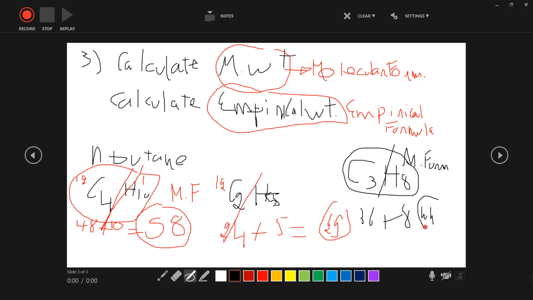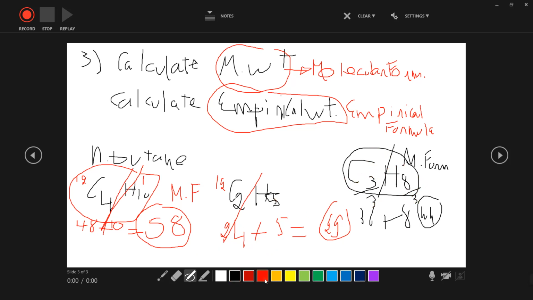If he's telling me to calculate the empirical weight, I should make sure first that this is the empirical formula. I will try to divide it by the smallest possible number. The only number I can divide by is 3. If I divide by 3, 8 cannot be divided by 3. It will give me a fraction, and I cannot work with a fraction. So C3H8 is also the empirical formula, because it is the simplest form.